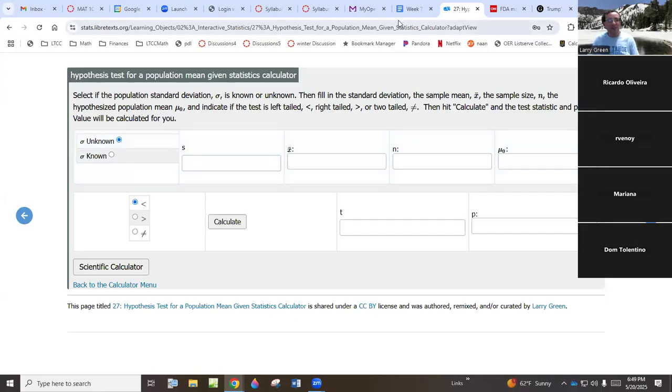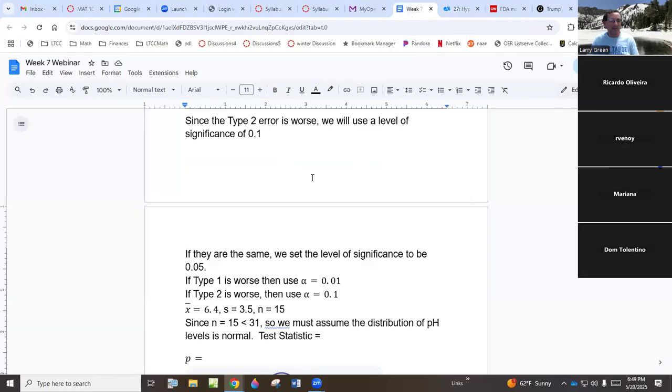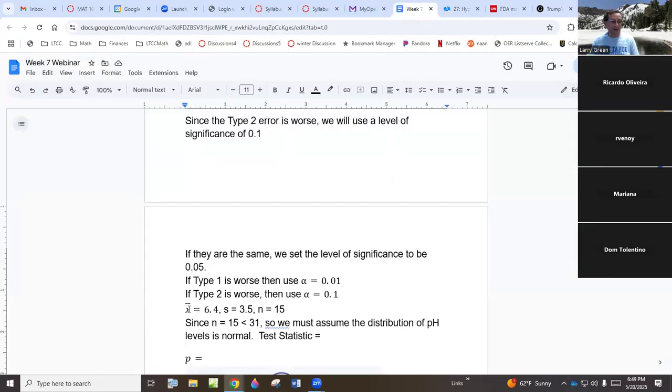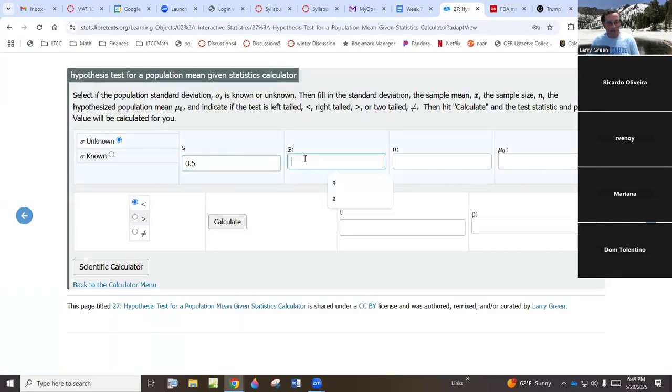Then we have S, and S was 3.5. That's the sample standard deviation. Then we had X bar was 6.4, the sample mean. Then we had N, which was the sample size. That was 15. See this mu naught?